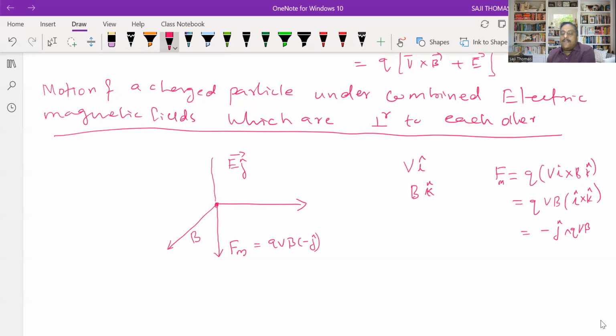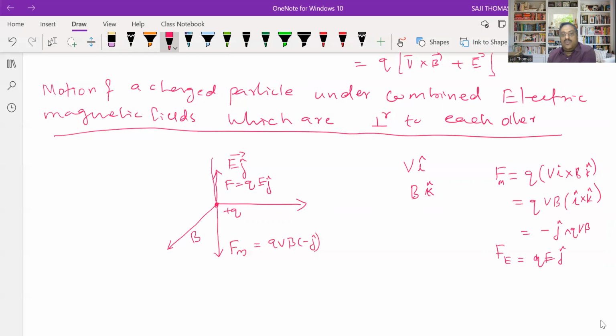So what will be the direction of the force? F is equal to qE j. We are considering positive charge only. So the direction of force is along y direction because the electric field is along y direction. So force due to electric field is q into E j hat.